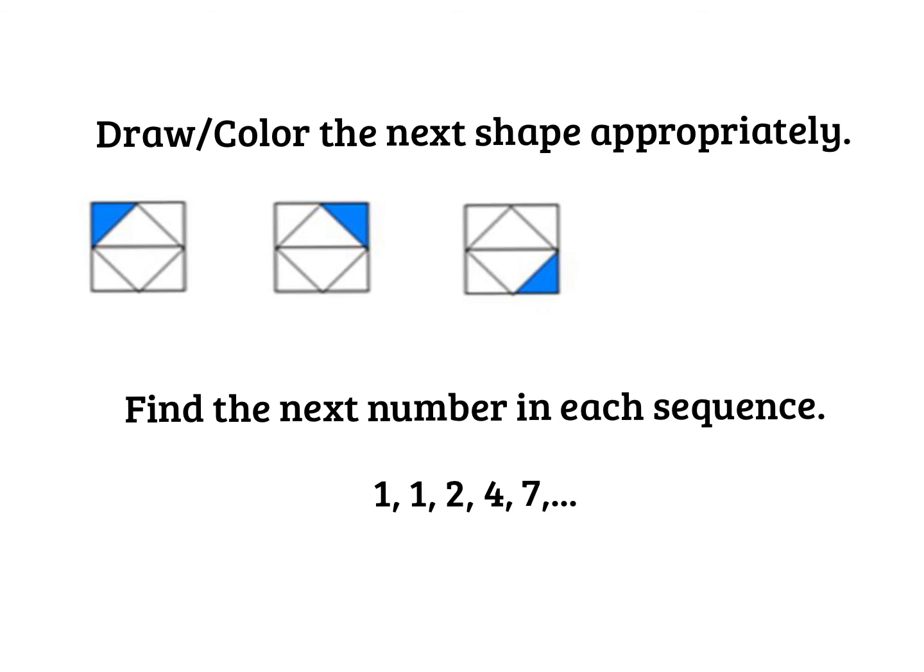So here's an example in math of how you would be seeing inductive reasoning, right? In this first scenario, you have a series of 3 pictures and it's shaded, right? And then the task is to draw or color the next shape appropriately. So if we were to draw this shape, we would have some sort of box. Try not to judge my drawing abilities here.